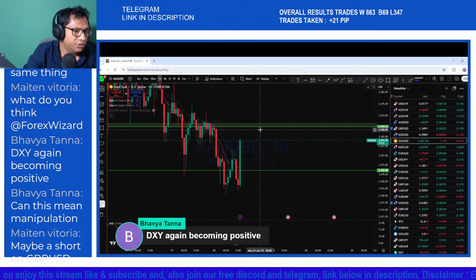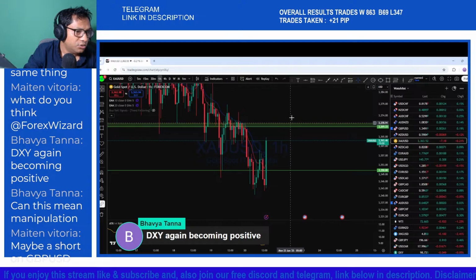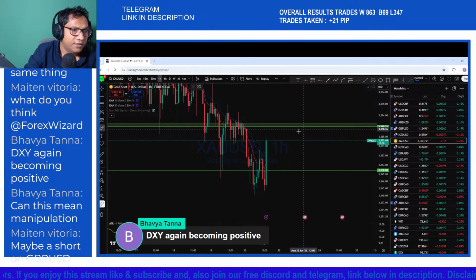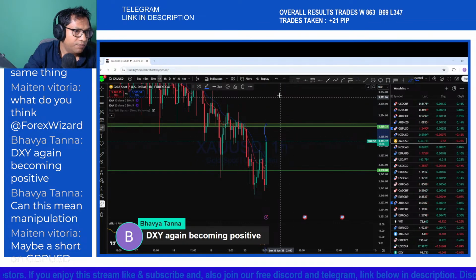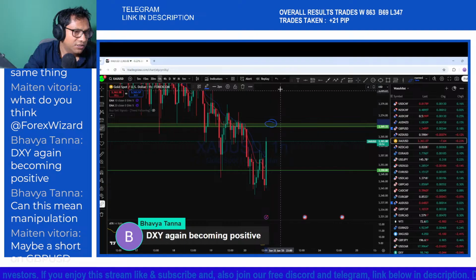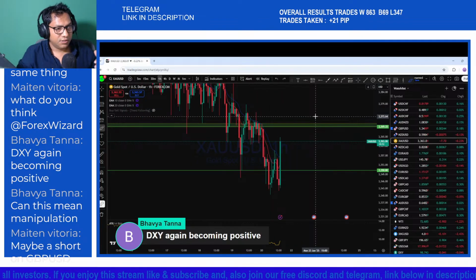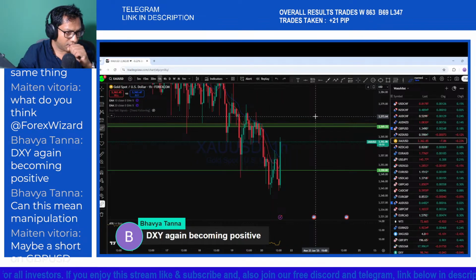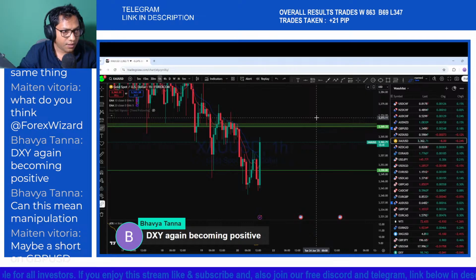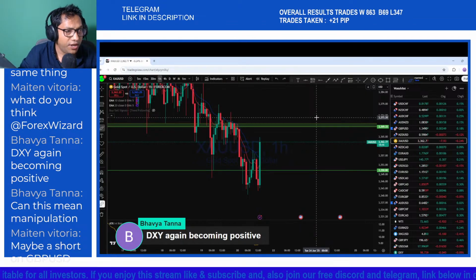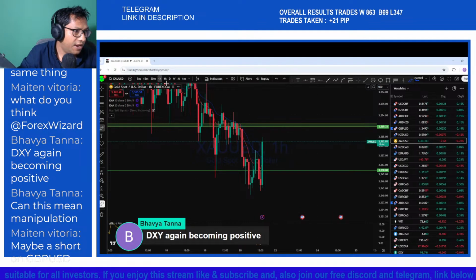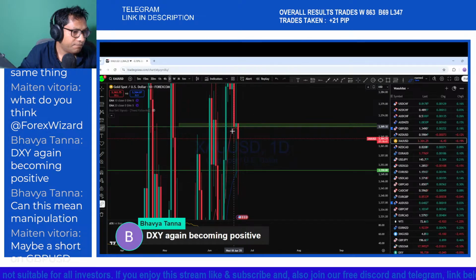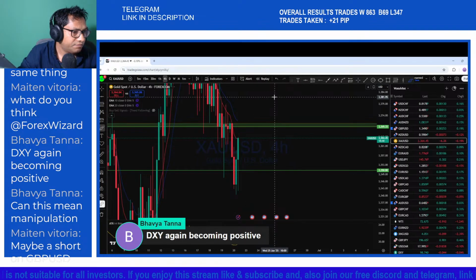You can see that it's a pretty sharp bounce here to this level, and it's potentially going back to that level where there is liquidity here, and I would like to see it go to that level, and that's a daily resistance.